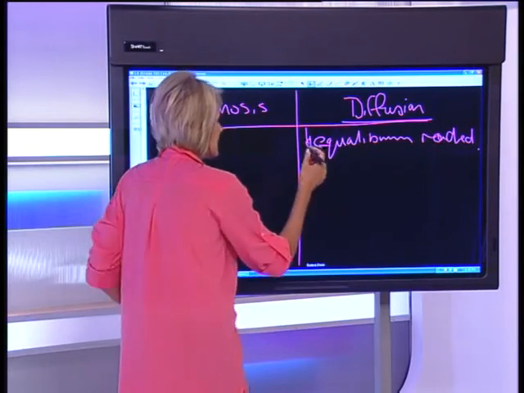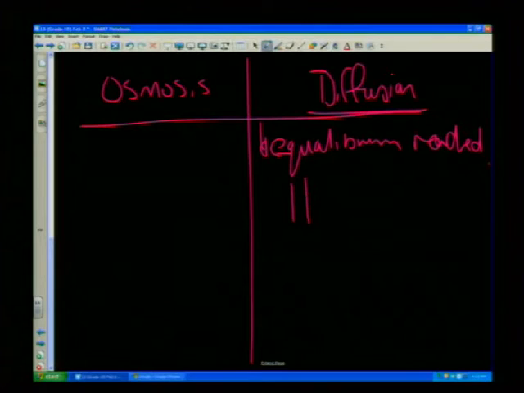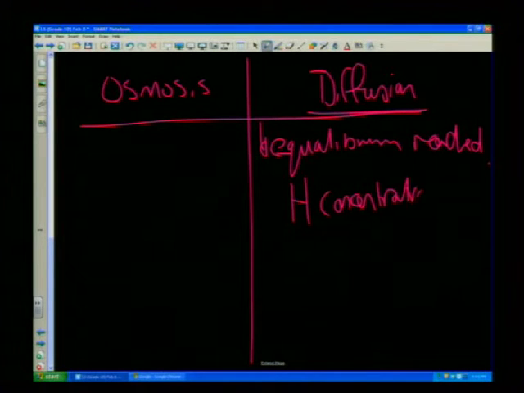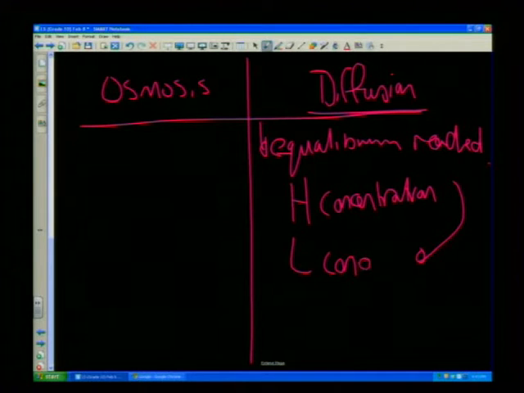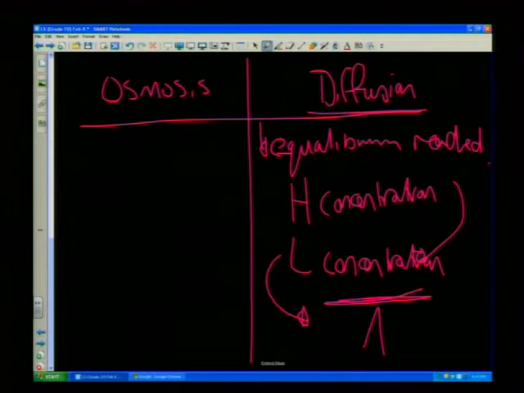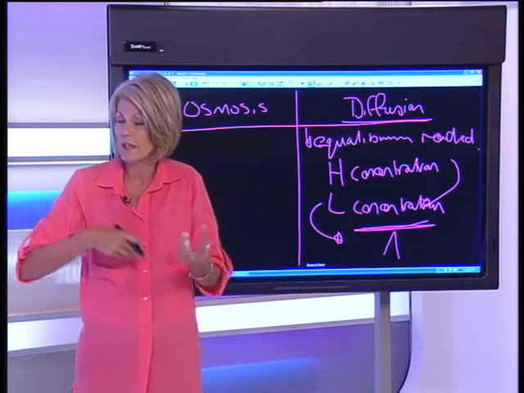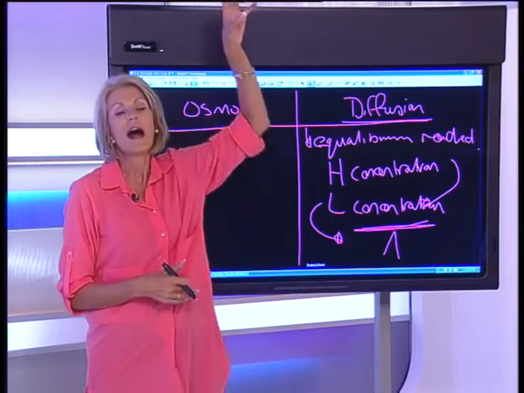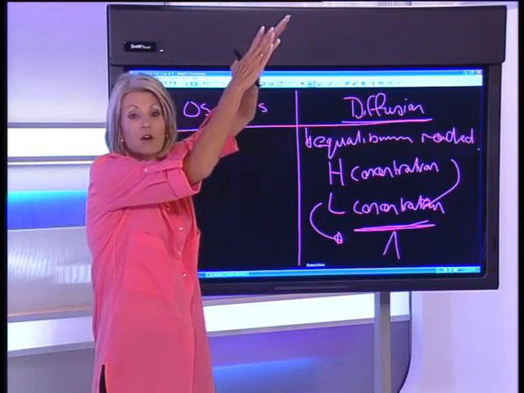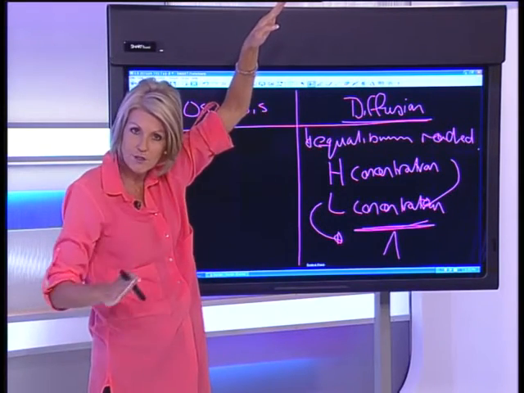It is when any substance moves from a high concentration to a lower concentration, until an equilibrium is reached. So diffusion is the movement of a substance, whether it is solid, liquid, or gas, from a higher concentration downhill to a lower concentration.